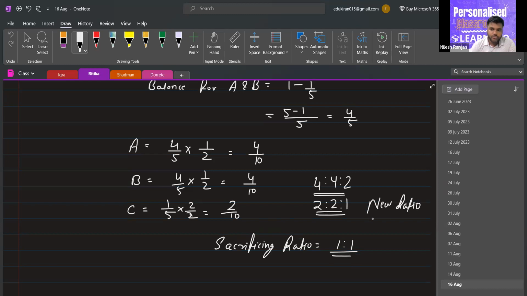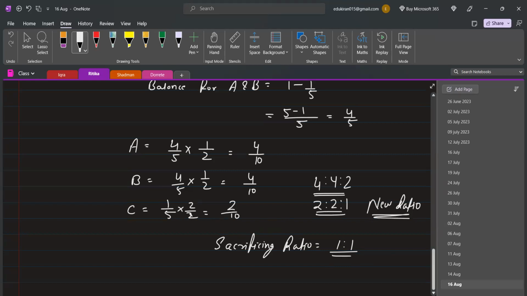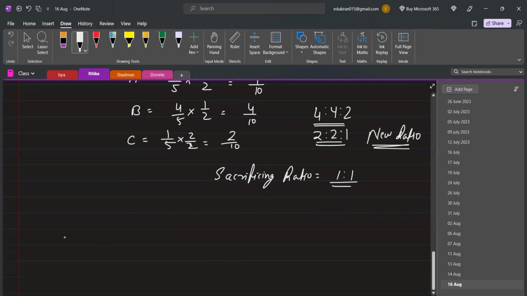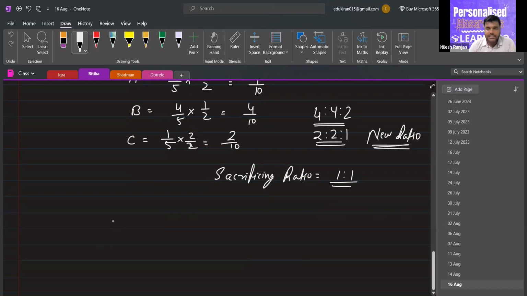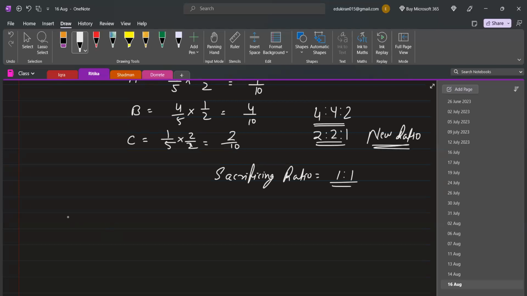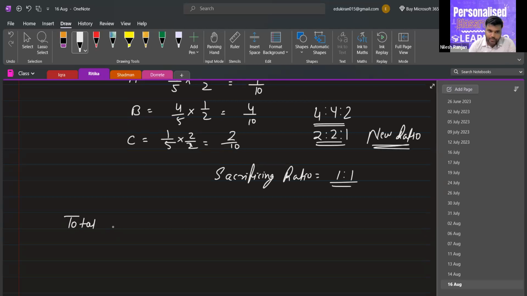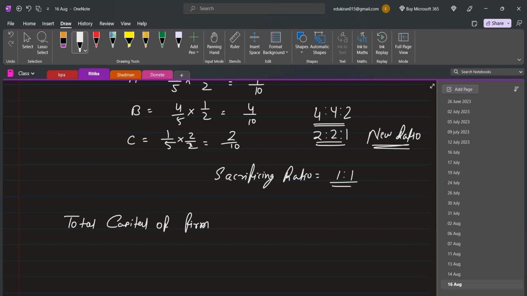Is there any doubt here? Okay. Now, how much capital is brought by C? 5 lakhs. So as per his capital, we can calculate the total capital of the firm in proportion to C's capital. C is bringing 5 lakh for how much share? 1/5 share.